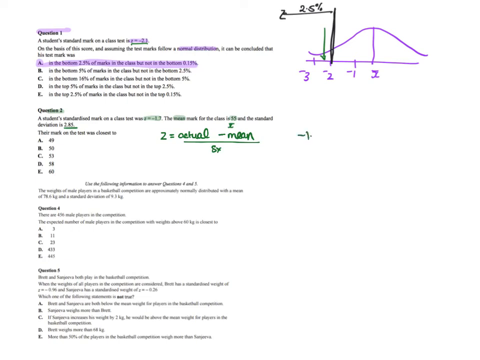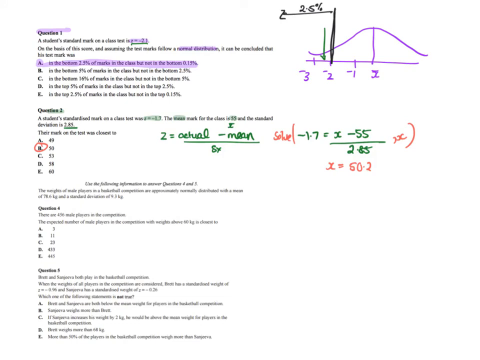I could say negative 1.7 equals, I'm trying to find their actual score, minus 55 over 2.85, and I can just do solve on that and comma x, and I'll get what their actual score is. So I get that to be 50.2, so I'm going to go with B.